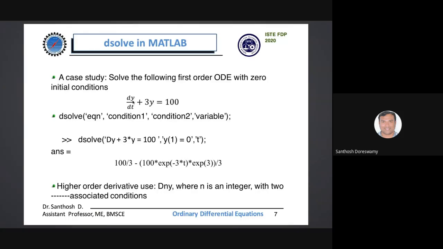With this, my derivative is of order n, where n is generally an integer, and you could also solve the same problem with Dny, where n stands for an integer. That's how you also solve a differential equation with such higher order derivatives.